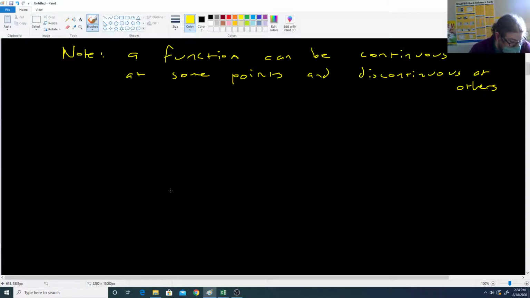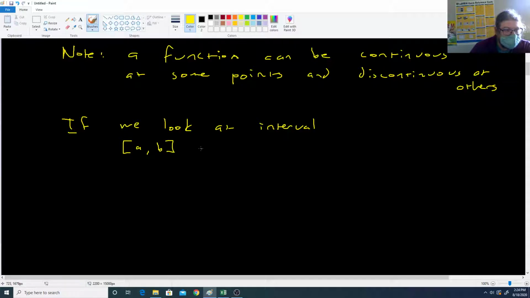Also, if we're looking at an interval, say closed bracket a up to b, or closed bracket a up to open bracket b, we're supposed to be defining continuity.